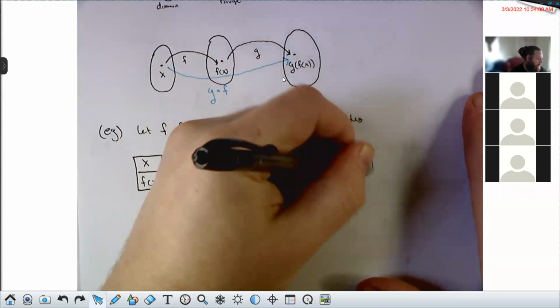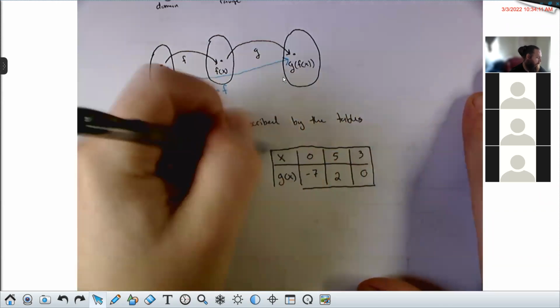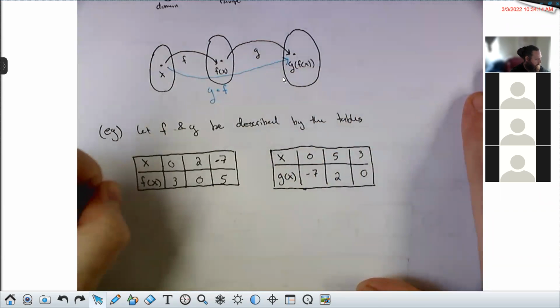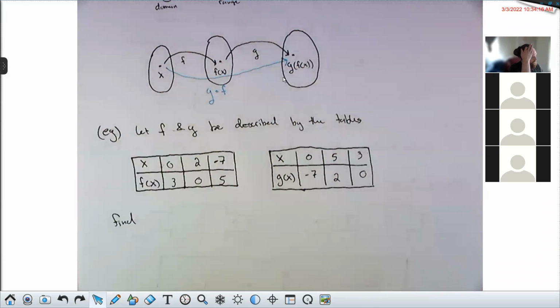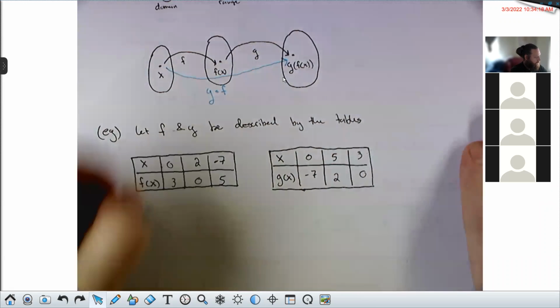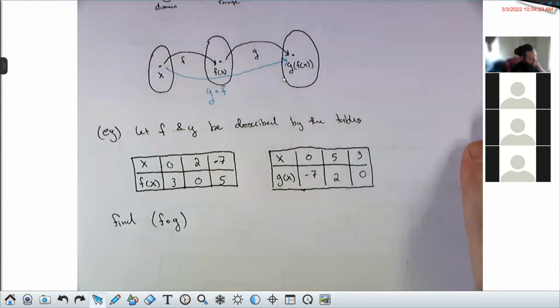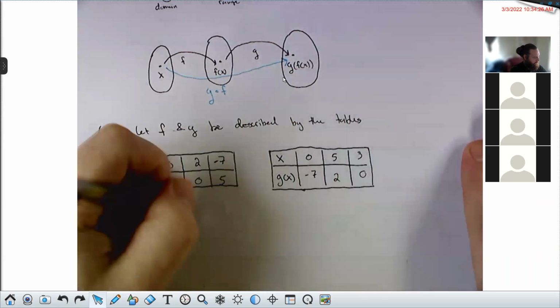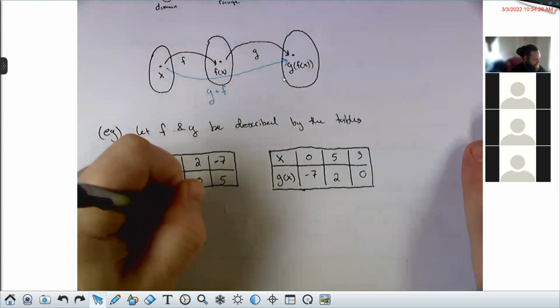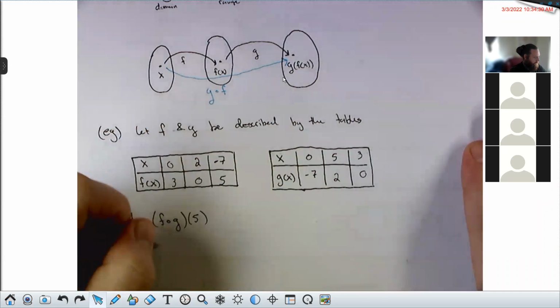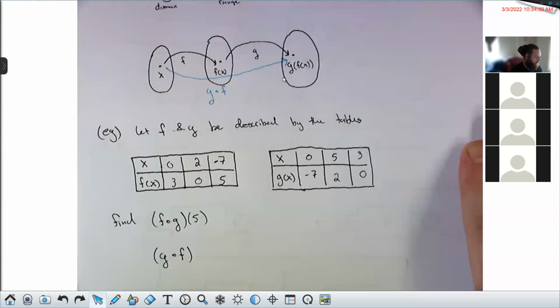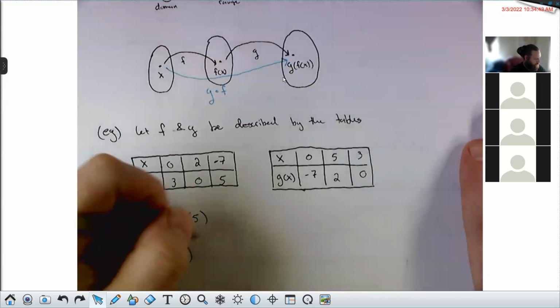So here's two functions described by tables. And let's find F circ G of 5. Let's find G circ F of 2.